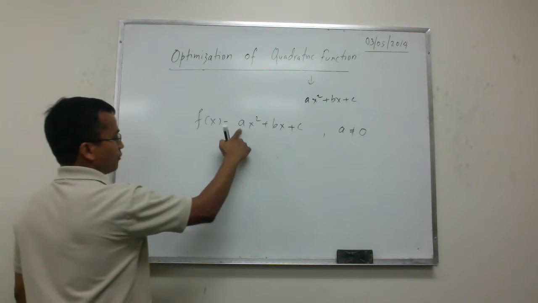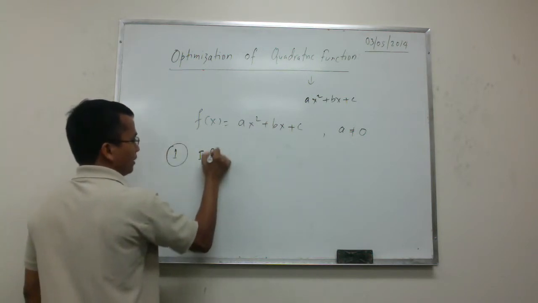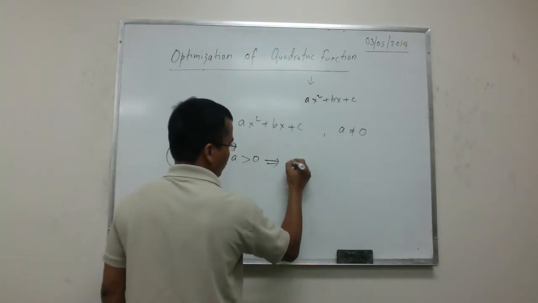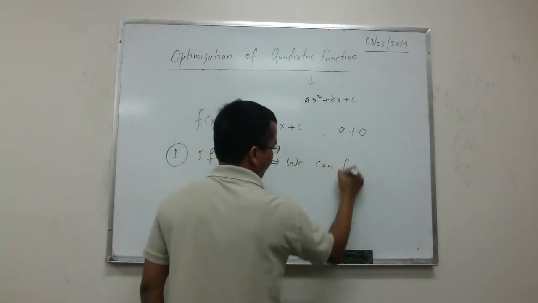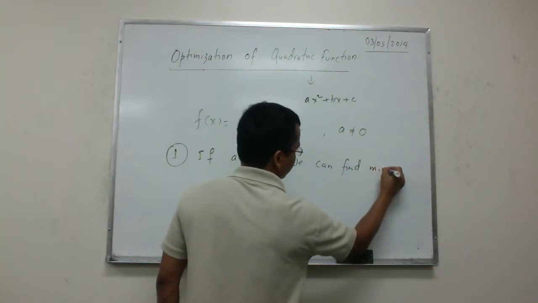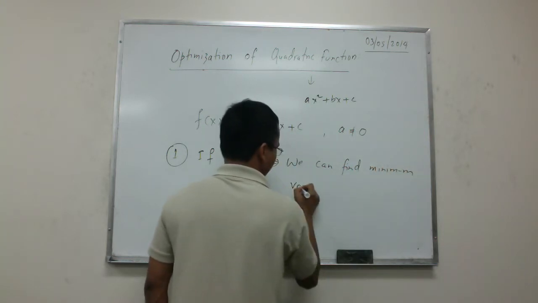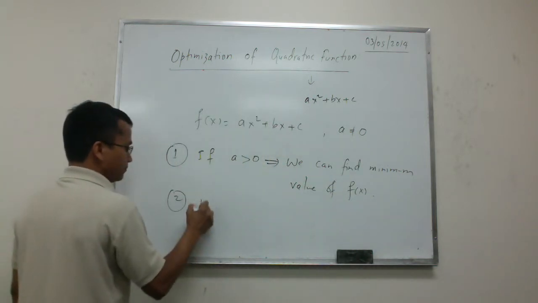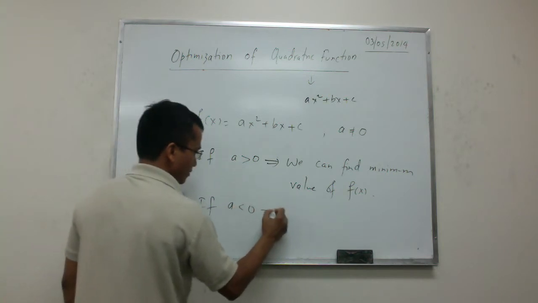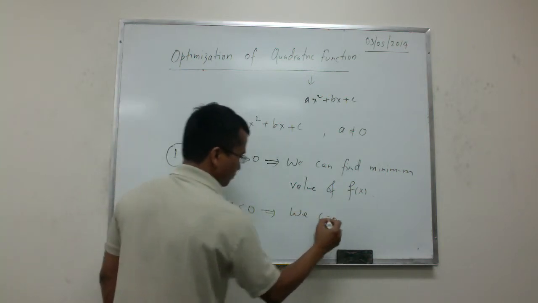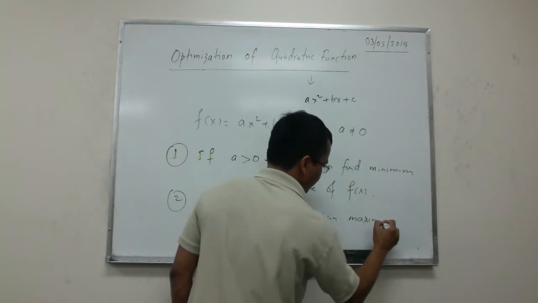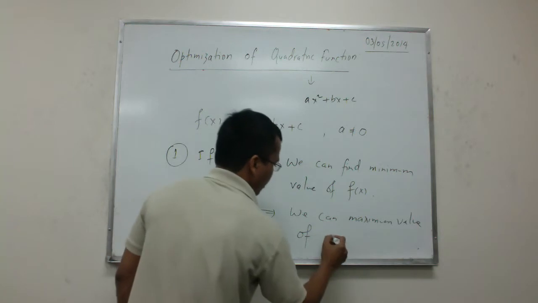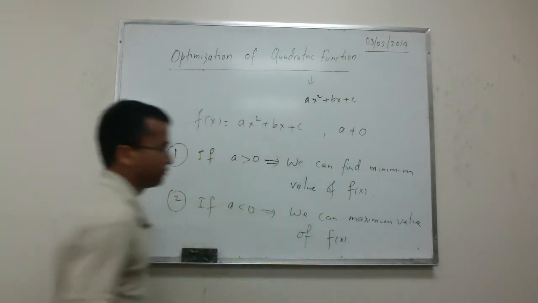Then depending on the value of a, if a is positive, then we can find the minimum value of the function, and if a is negative, then we can find the maximum value of the function f of x.